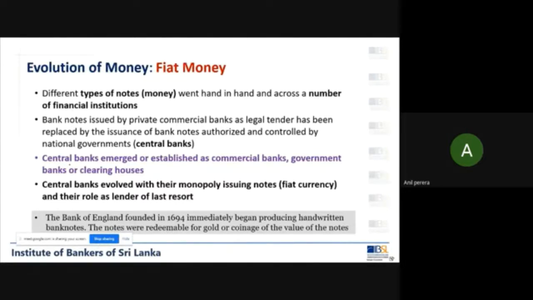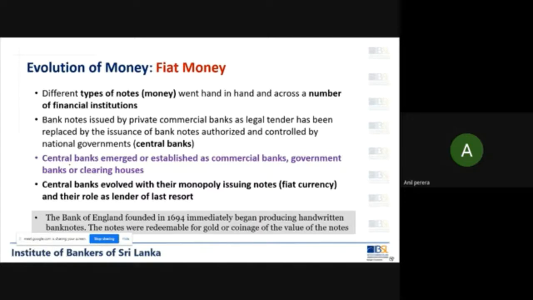So a lot of people issued these notes. These private players, let's say private commercial banks, issued a number of notes, and the notes issued by those banks were in circulation. So a lot of notes were going around.